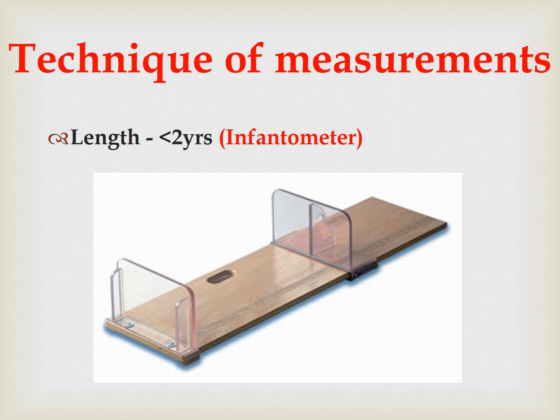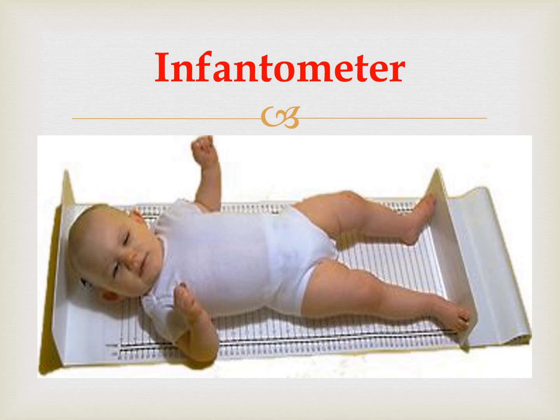You can move the foot end up and down to take the exact length. So the baby is lying like this with the head touching the head end, and you can push the mobile foot end up and down to take the exact length of this baby.